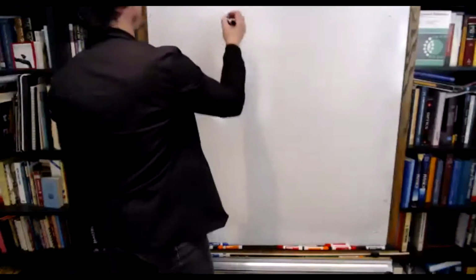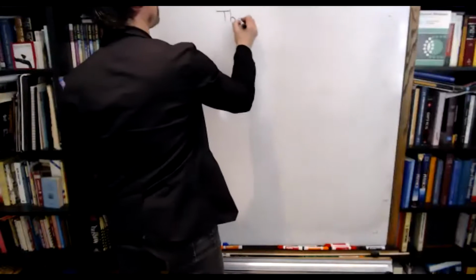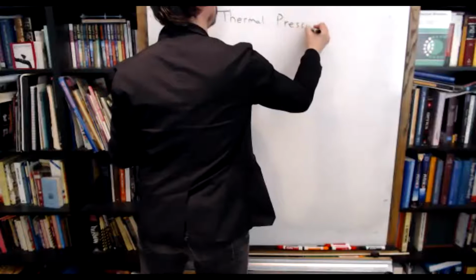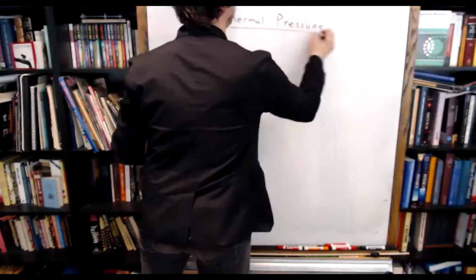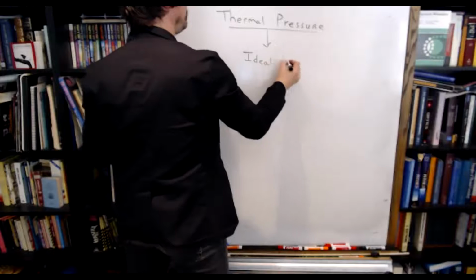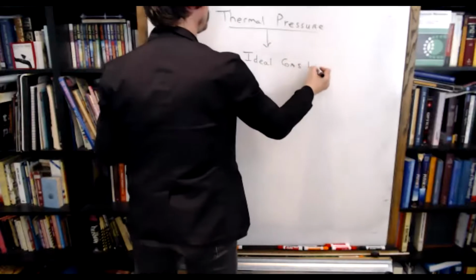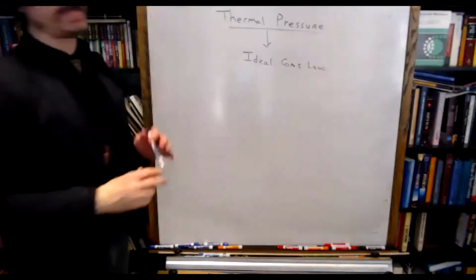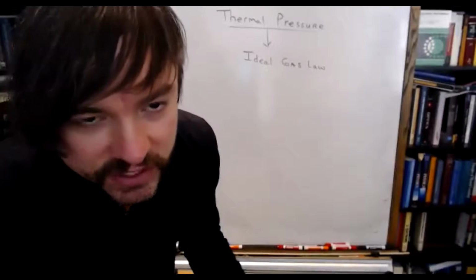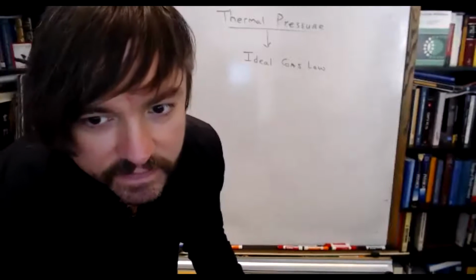So let's talk about thermal pressure. Thermal pressure can be related to something called the ideal gas law. And the ideal gas law explains how a system of particles interacts with each other in a closed box.